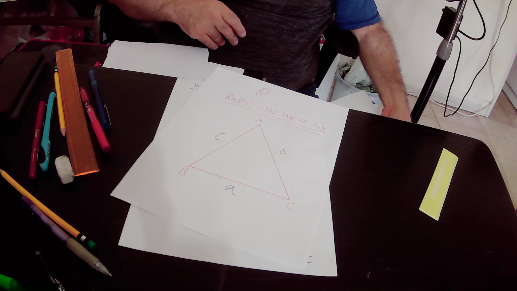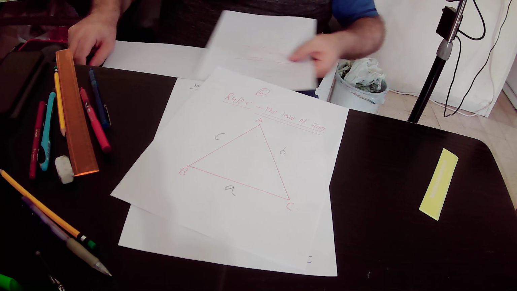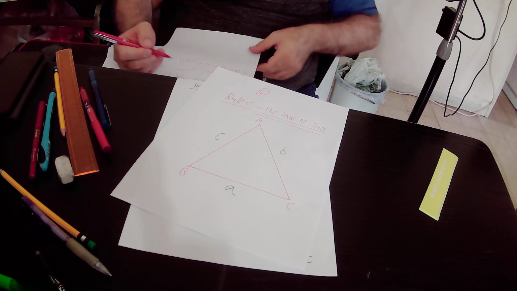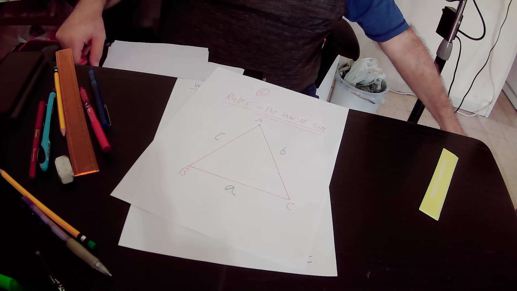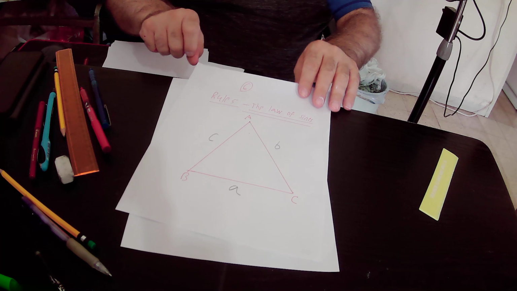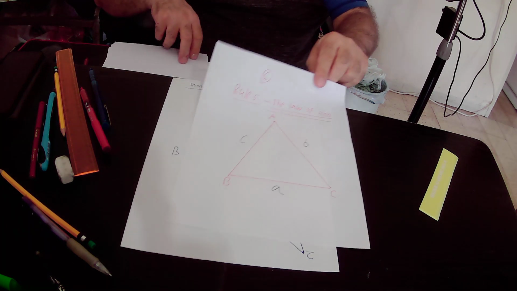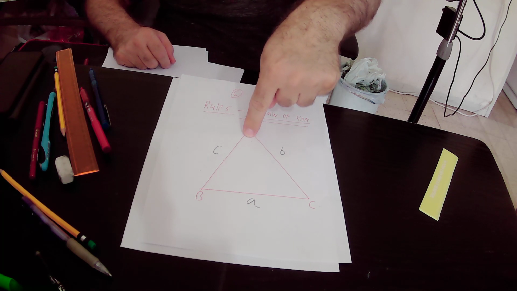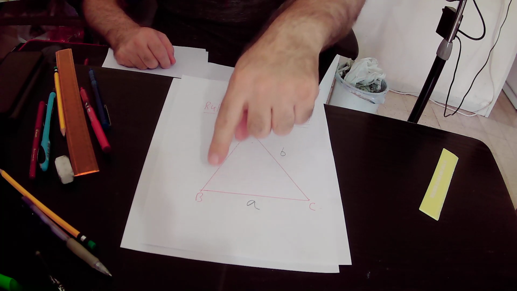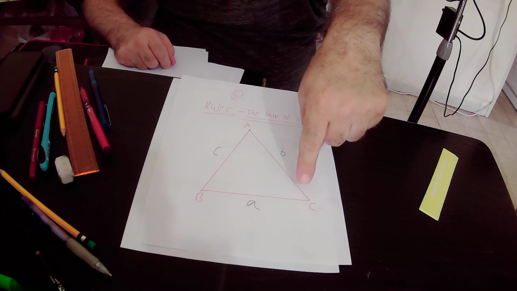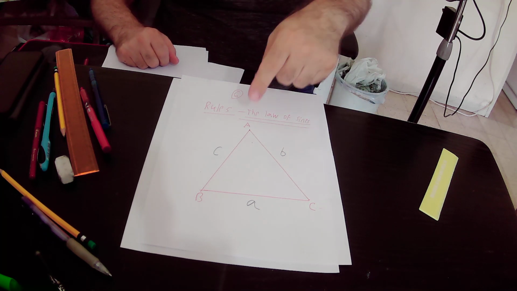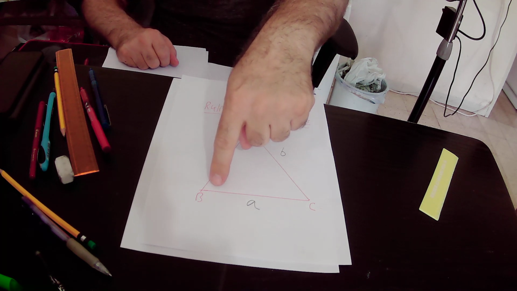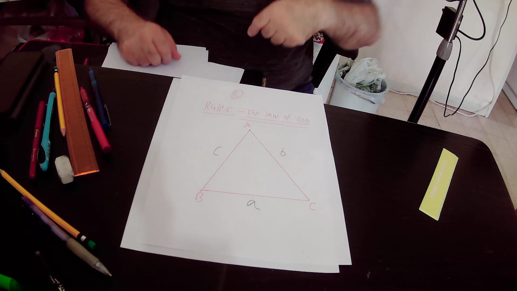According to the law of sines, in any triangle, A over sine A equals B over sine B equals C over sine C. A is the size of this angle, B is the size of this angle, and C is the size of this angle.